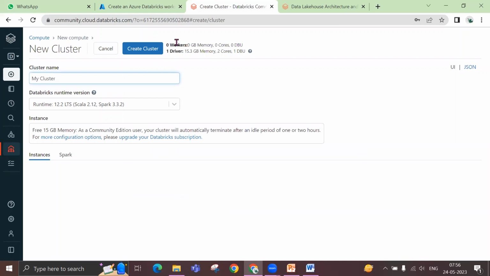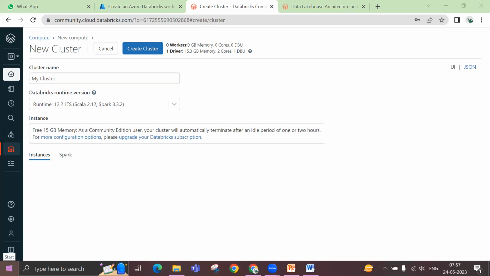For example, with the free 15 GB memory, as a community edition user, your cluster will automatically terminate after an idle period of 1 to 2 hours. We'll get 0 workers, just one driver with 15 GB of memory, 2 cores, and one DBU as part of our community edition, and we are going to use that throughout our learning.